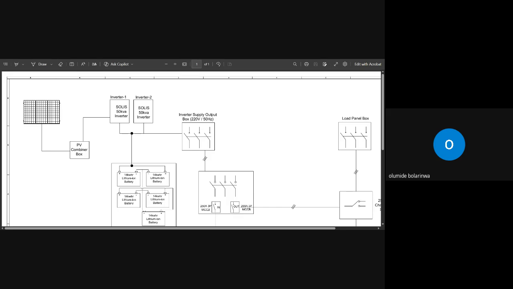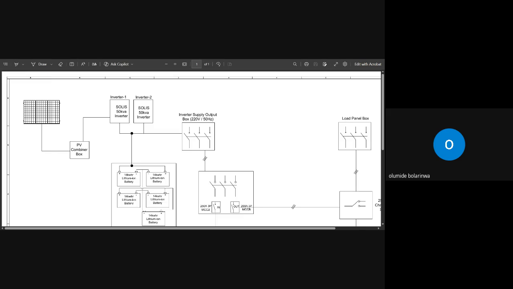Now, after our solar panel, what next? Look at the combiner drawing. No, we are talking about the major equipment now, not the combiner.